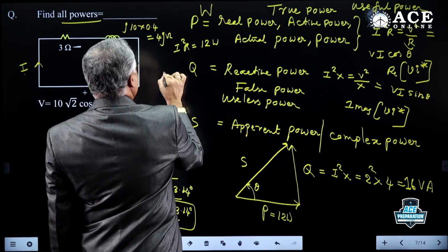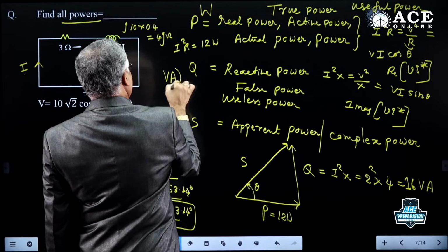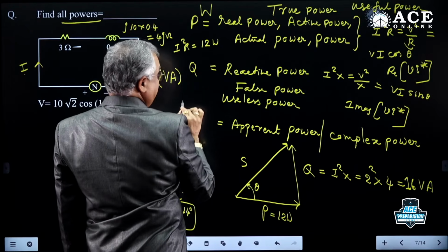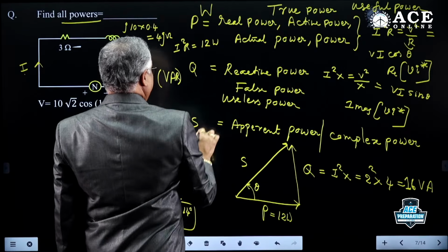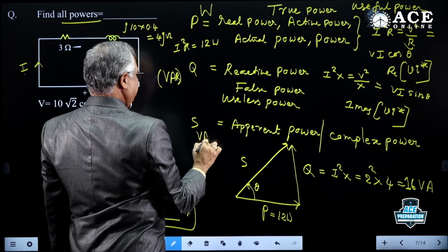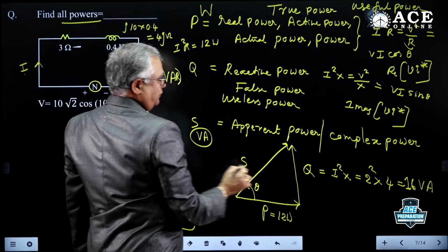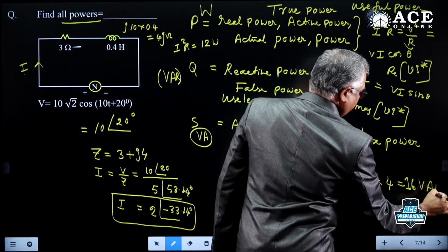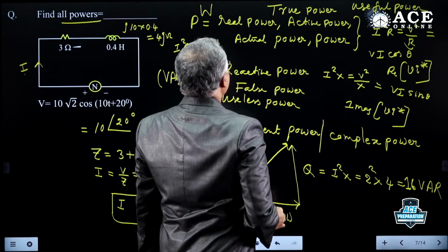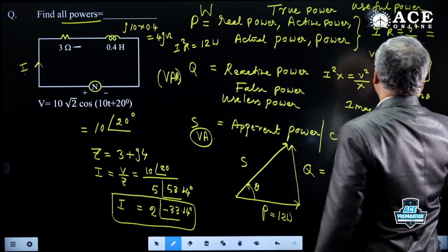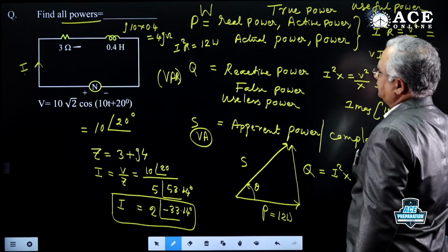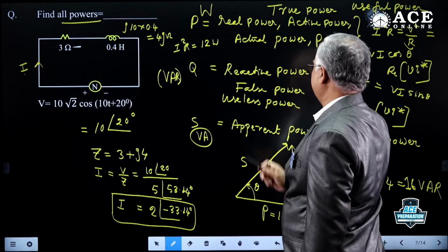Q units are volt ampere reactive, VAR. And S is only volt ampere. Here volt ampere reactive, VI sin theta. This reactive word came from this.